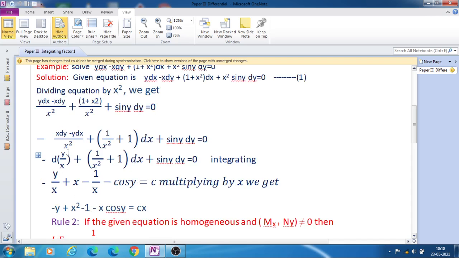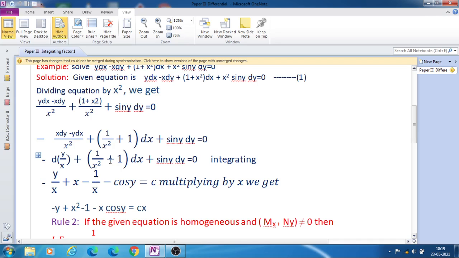So now this equation is integrable. Integrating, this is the derivative of y upon x, therefore on integrating we get y upon x only. Here is a minus sign already, and the integration of 1 upon x square is minus 1 upon x.